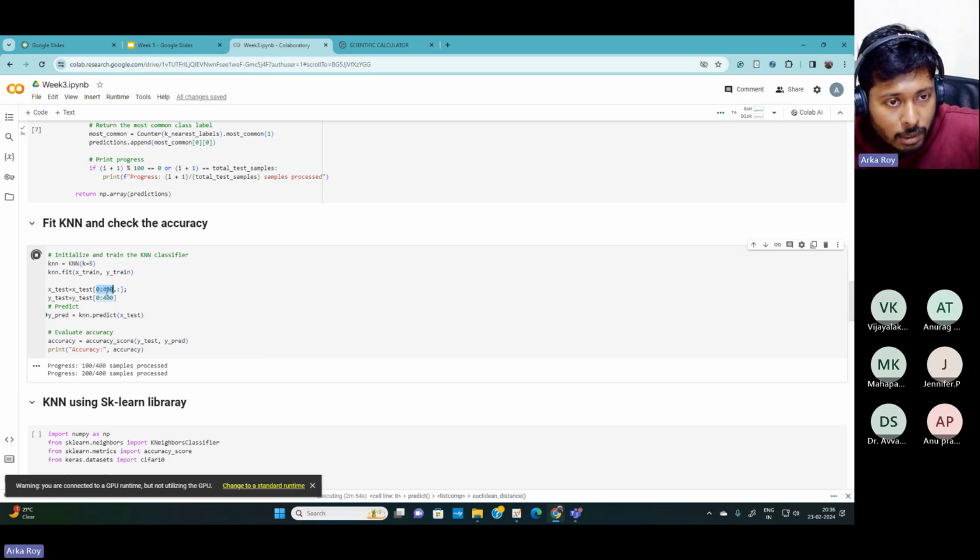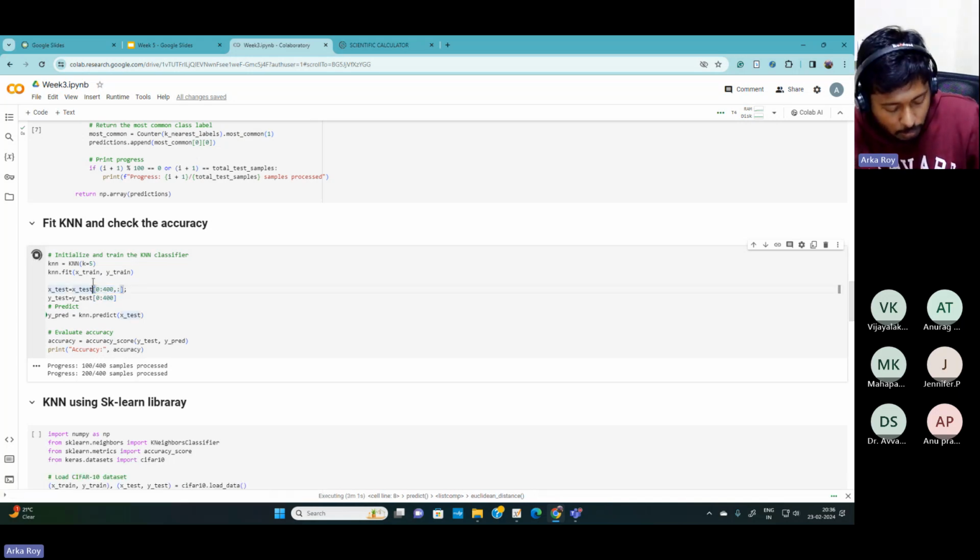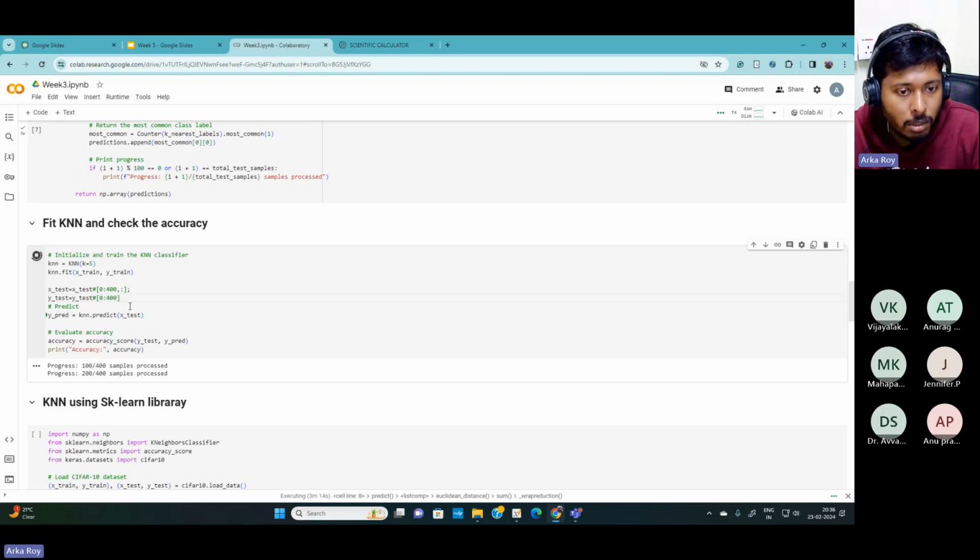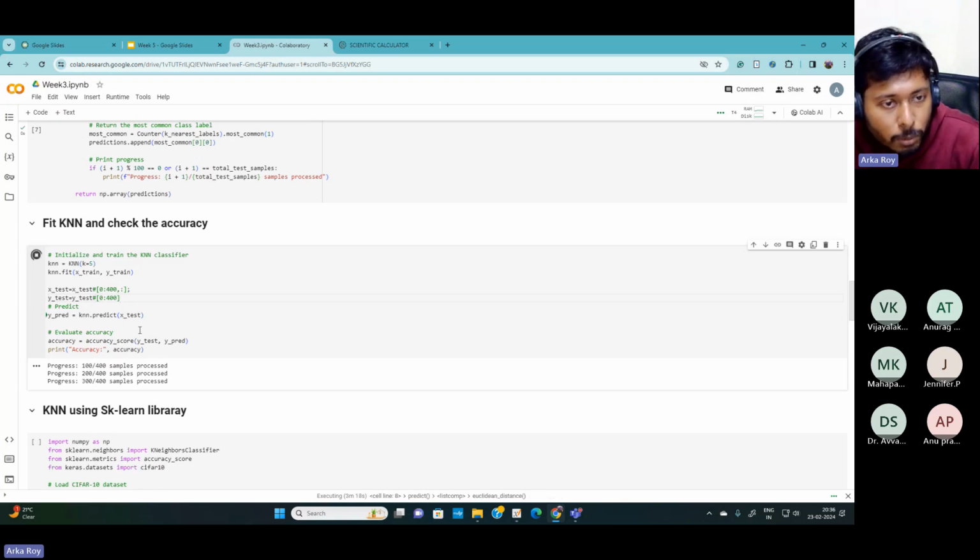So you can just omit this thing when you run it by yourself. You can just comment it out, so it will not consider the 400 images. It will consider the whole 10,000 images, and then you can train for all 10,000 images. But because it will take a substantially huge amount of time, I have restricted myself to 400 images only.